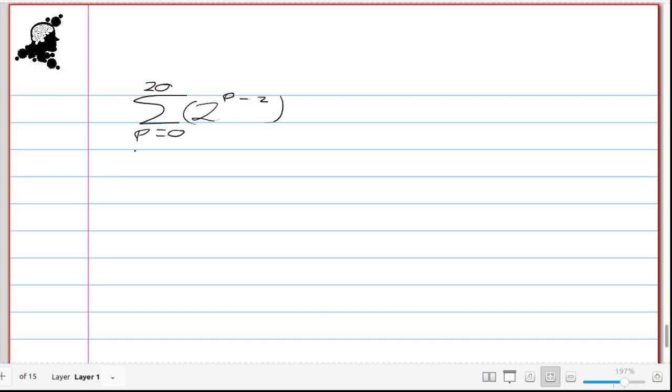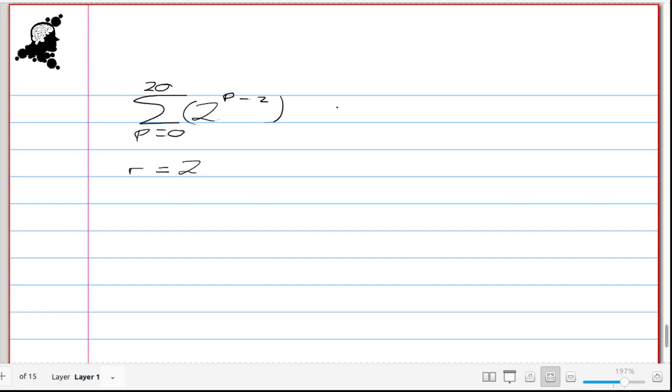Now, before I get to that, this is a geometric sequence. How do I see that it's geometric? The variable is an exponent. To get the value of r, if the variable is positive, the value of r is the base.